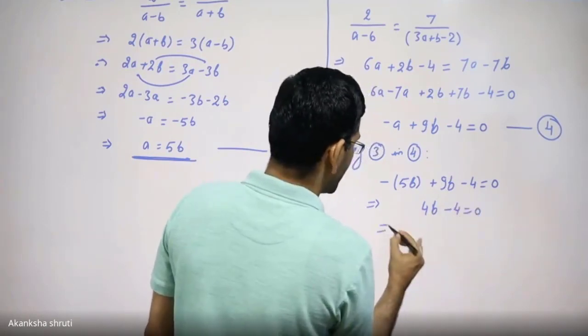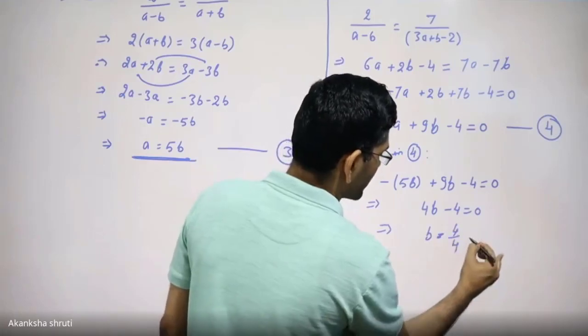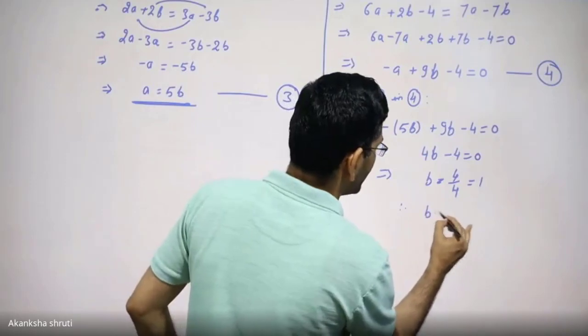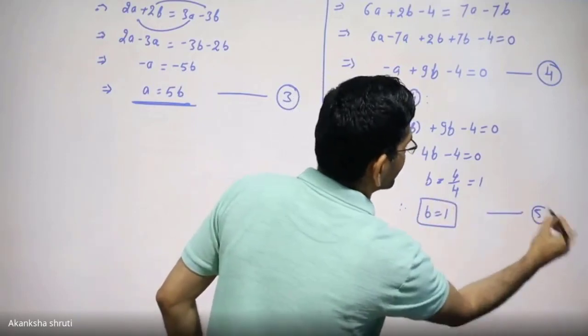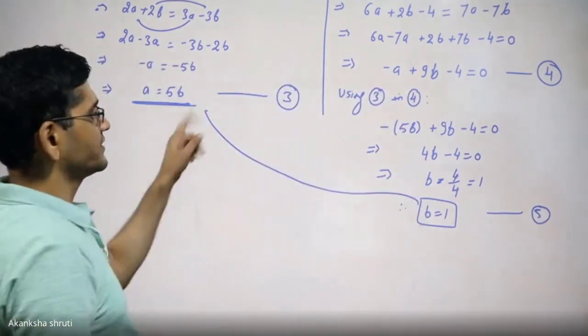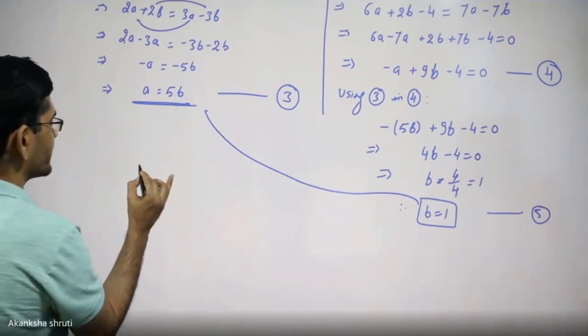This is a linear equation in one variable. b is 4 by 4, so it is 1. Therefore, the value of b is 1. Consider this as 5. Then use this b here in 3 to get a.